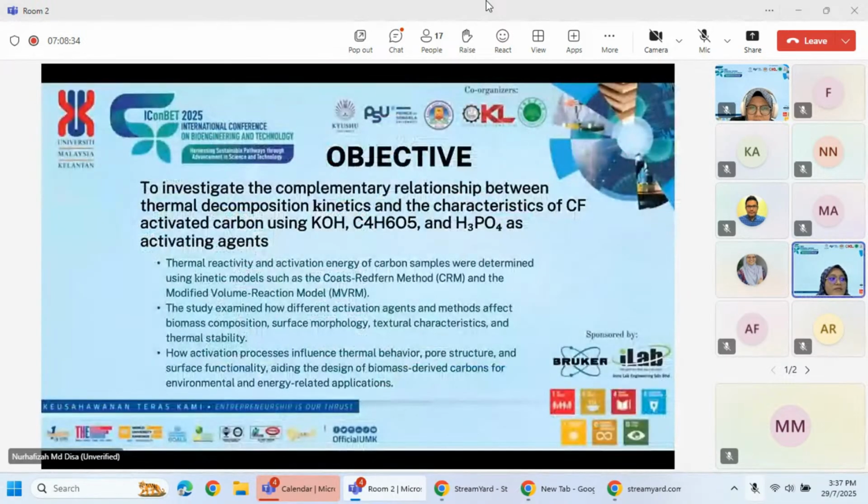So the objective for this project is to investigate the complementary relationship between thermal decomposition kinetics and the characteristics of coconut frond activated carbon using all those activating agents.